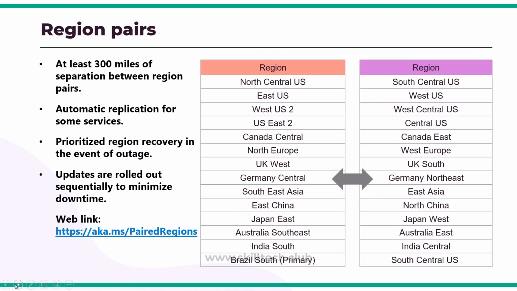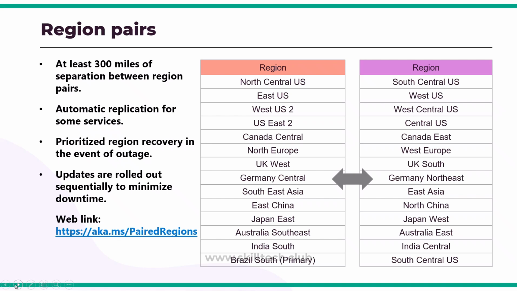After this, we have to understand region pair. Yes, we have 60 plus regions available in Azure Cloud, and those regions are spread across the globe. But then there is one more thing, which is regional pair. Every Azure region is paired with at least one other region, and Microsoft makes sure that it is at least 300 miles away. Why are we doing this?